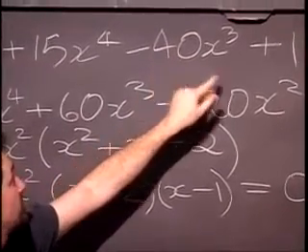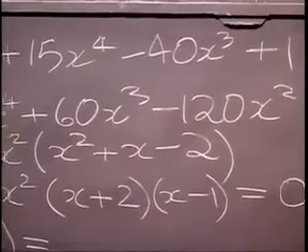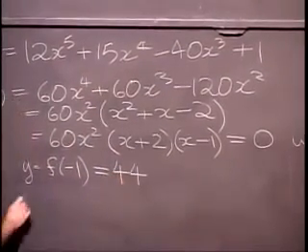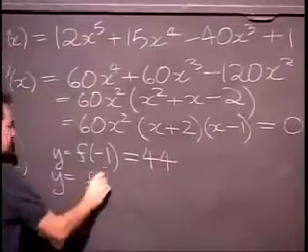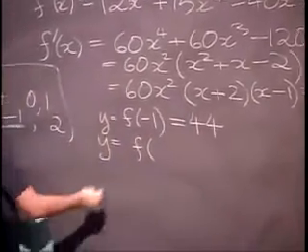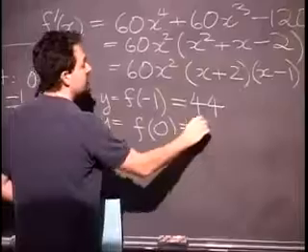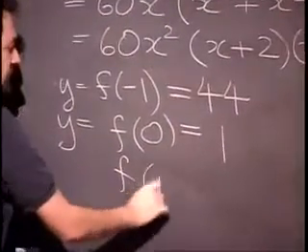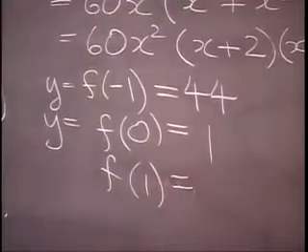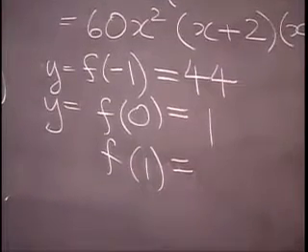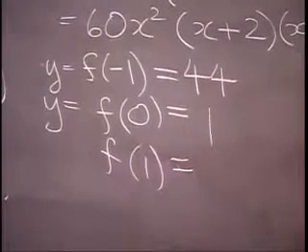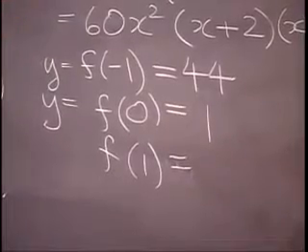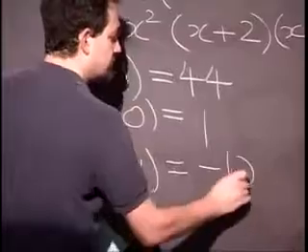So it's 43 plus 1 is 44. You don't even need the y equals. You can just plug in 0 and you clearly get 1. That's easy to see. You plug in 1, that's another one on the list, and you get 12 plus 15 is 27, plus 1 is 28, but then minus 40, I get minus 12.